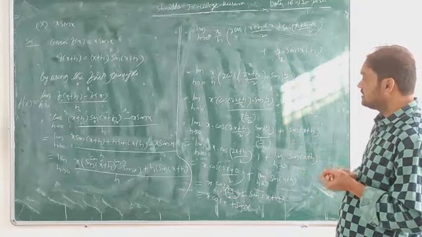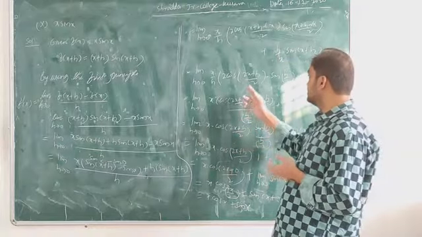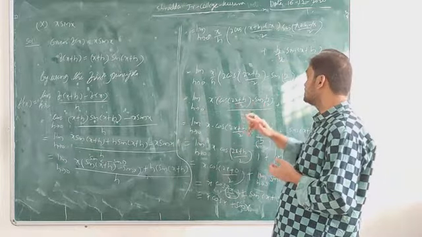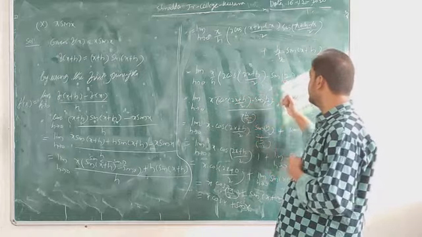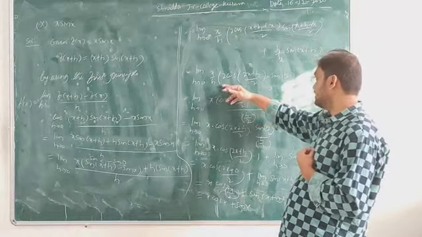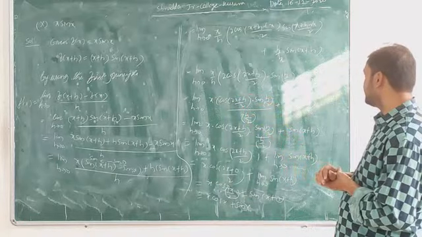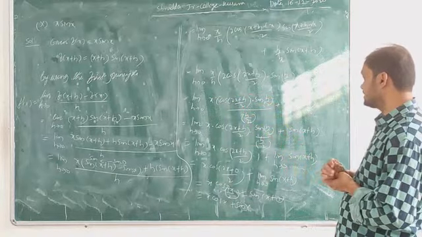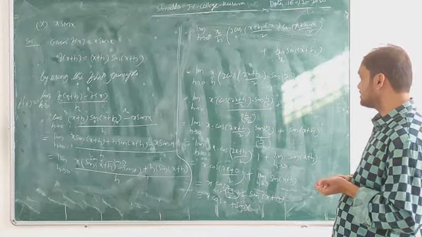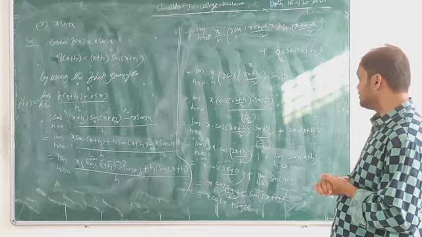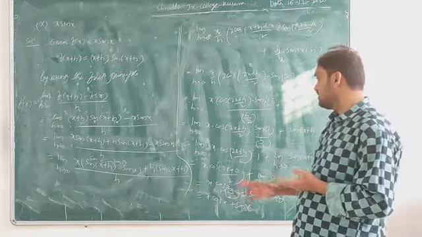Now x into cos of (2x+h)/2 into sin(h/2) by h by 2, plus sin(x+h).